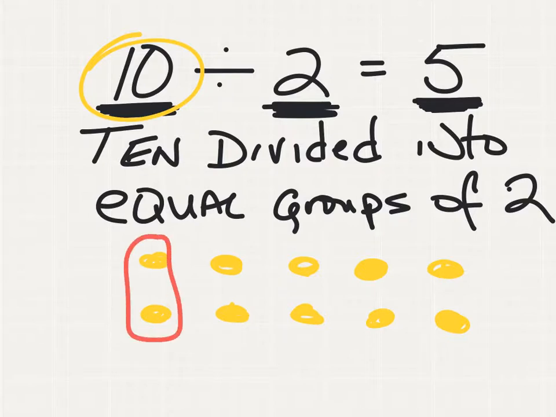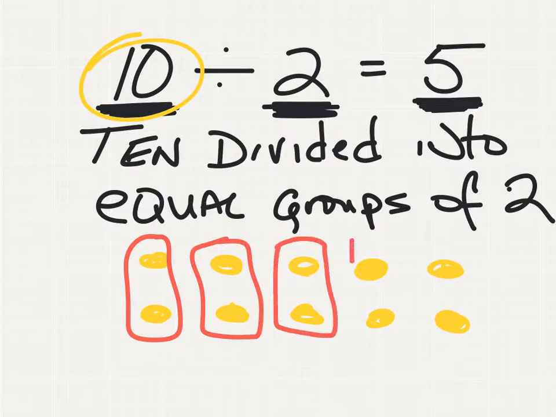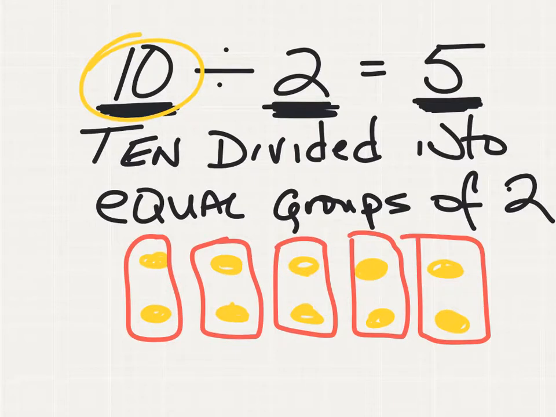Here's a group of 2, here's a group of 2, and a third, a fourth, and a fifth. 10 divided into equal groups of 2 equals 5. There are 5 equal groups of 2 to make 10.